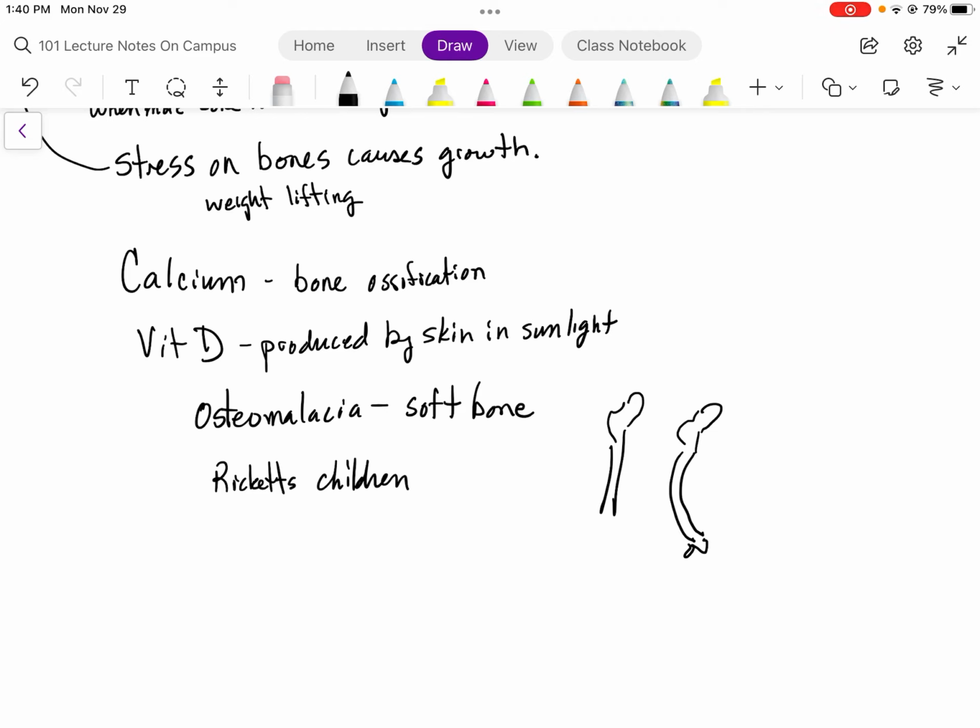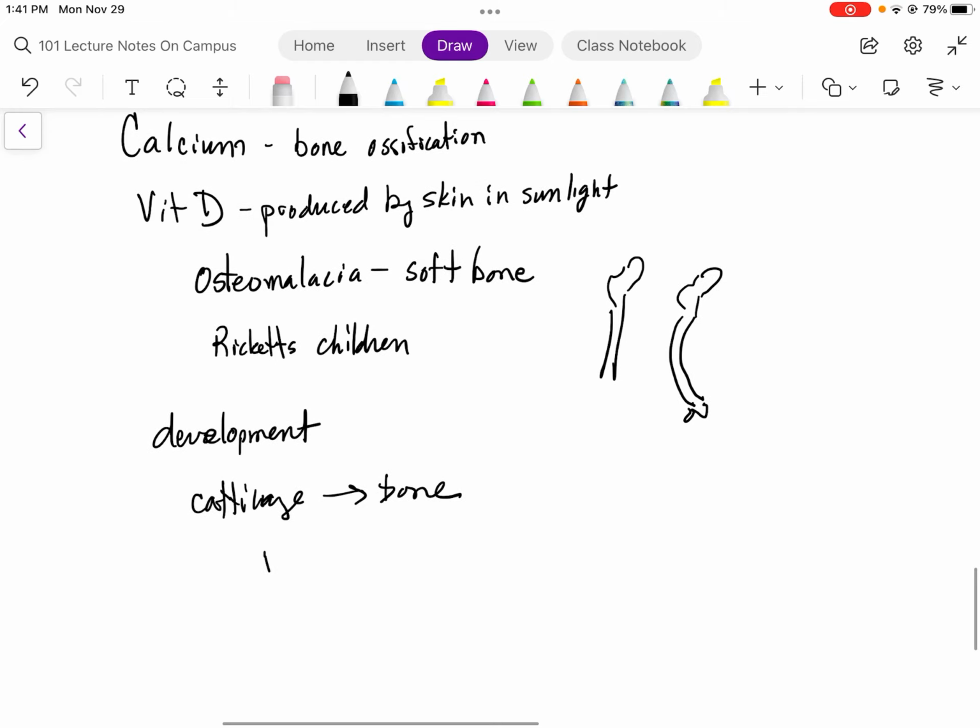We also notice that in development, and what I mean by development is as you grow up, beginning in utero, bones begin as cartilage, right? Cartilage, and then they go to being bone. And in that process, young people, from birth to probably about 13 years old, have soft bones.